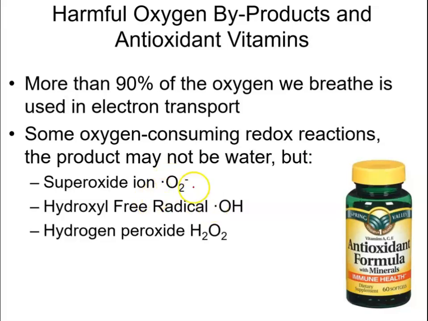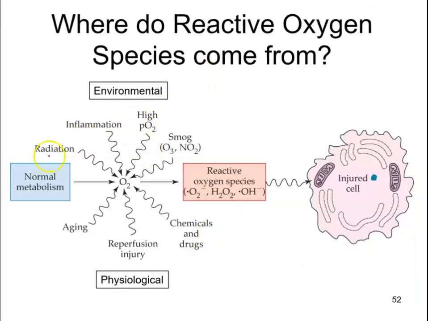These different superoxide ions and free radicals can grab electrons from bonds other than those involved in the electron transport chain, such as DNA, which can break bonds and cause mutations in our bodies. That's where excess oxygen comes from: high oxygen concentrations in our bodies, inflammation, radiation, smog, aging, different kinds of drugs and chemicals, and some of these we should be kind of going away from.